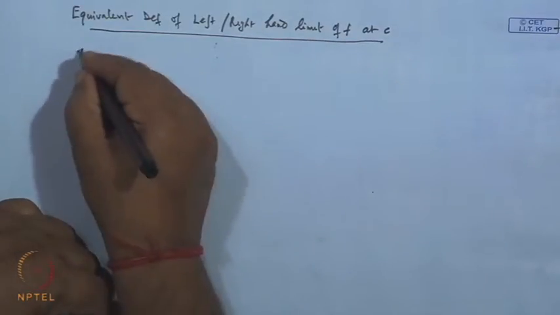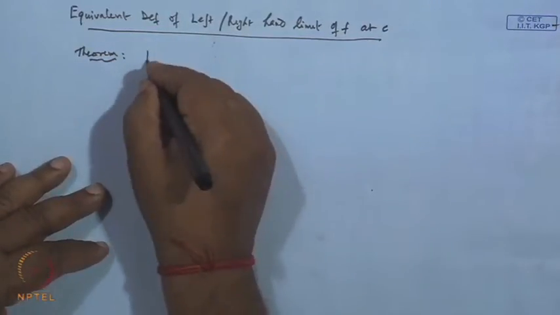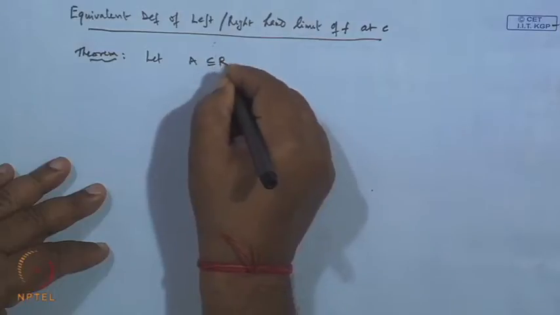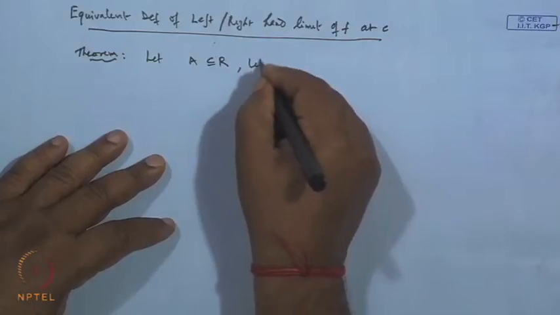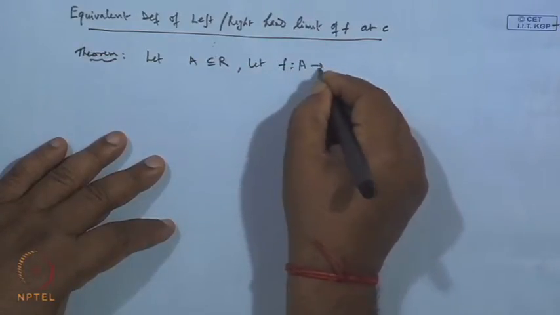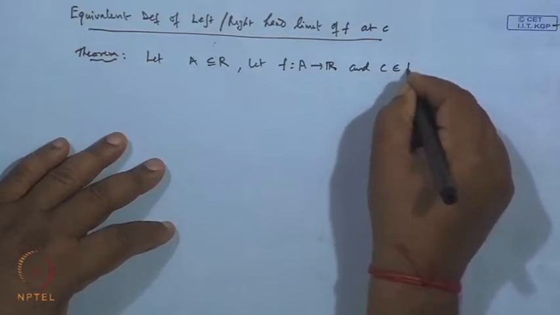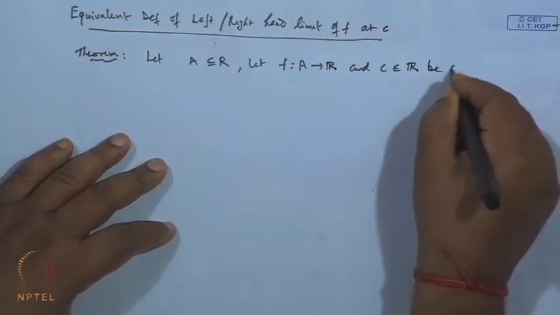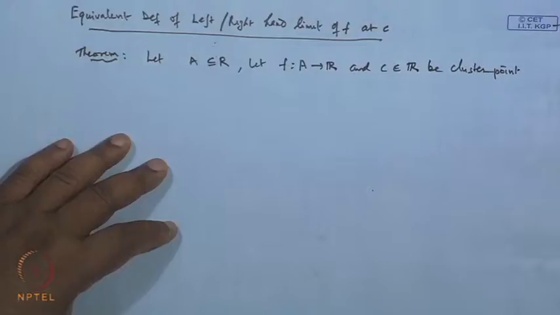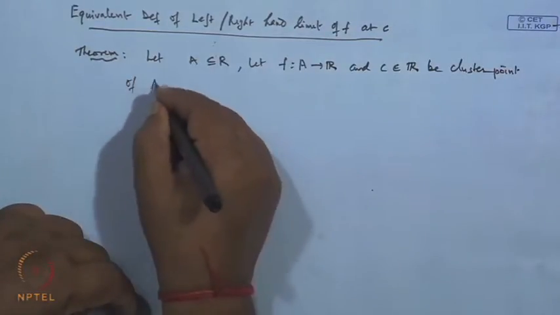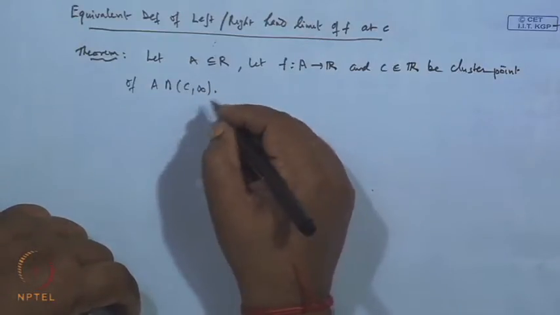This is in the form of a theorem. Let A be a subset of R, and let f be a mapping from A to R, and let c, an element of R, be a cluster point of A intersection (c, infinity). Then the following statements are equivalent.